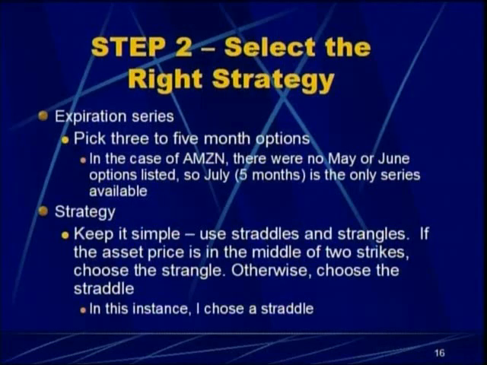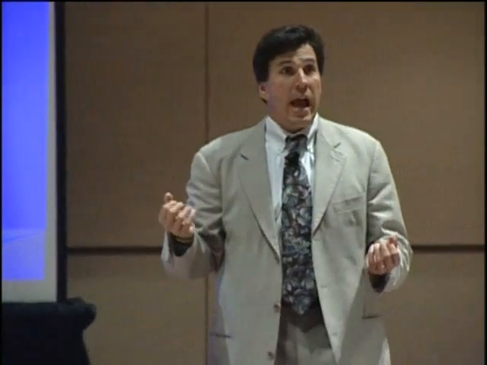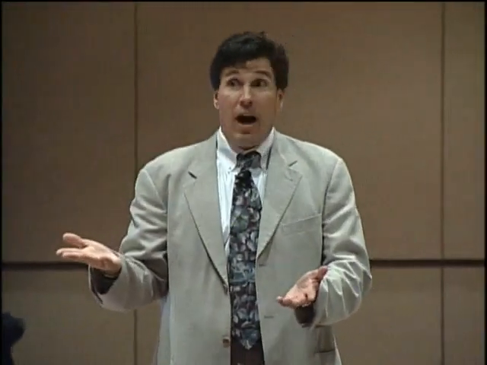Okay, again, we want to keep it very simple. We want to use straddles or strangles. If the asset price is in the middle of 2 strike prices, choose the strangle. Otherwise, choose the straddle. What that means is, if you have a stock that's at 57.5, you have the 55 strike and you have the 60 strike.